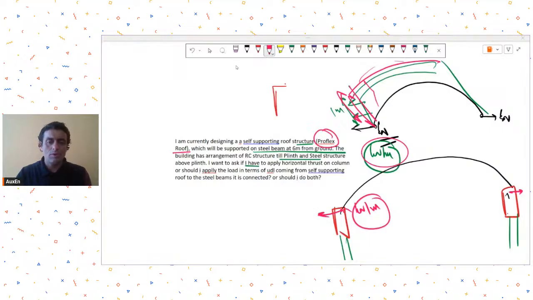So the most appropriate way will be to apply it as UDL on the beams, and UDL also in the lateral direction. Yeah, he has shared one image also.